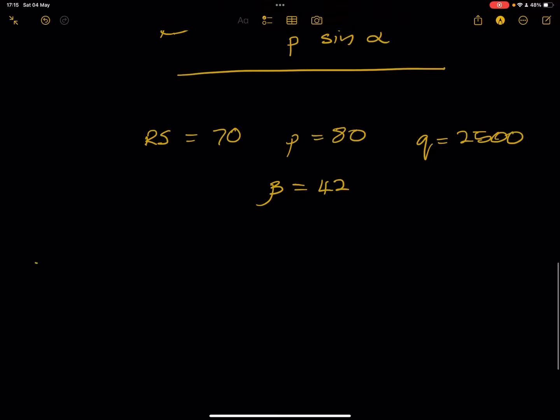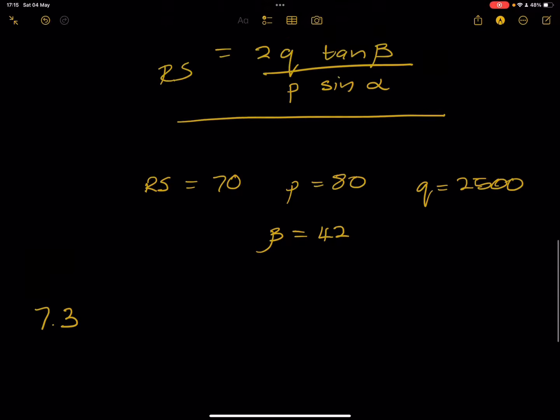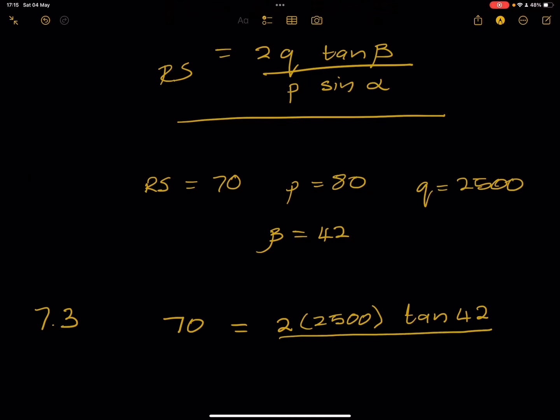So we know that RS is equal to 70, that's 2 times the value of Q, that's 2,500, and the tan of beta, we were given beta to be 42, okay, and this is divided by P, and P we are given as 80, the sine of alpha.